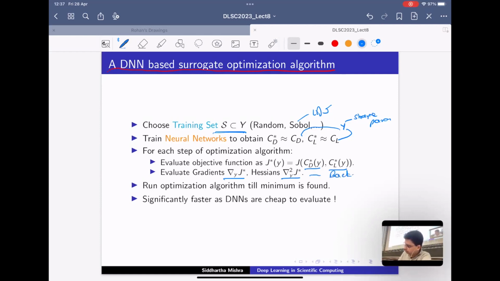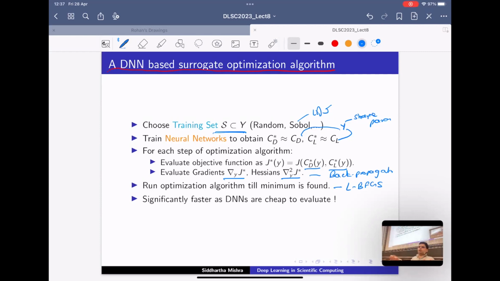And this is backpropagation, which is great. And then you run the optimization algorithm. Typically, people use what is called LBFGS. You have already seen that in the lectures on PINNs, that this is a very powerful algorithm. So this is a plain vanilla algorithm. You take data, so 100 simulations, you train it, and then you let it run.